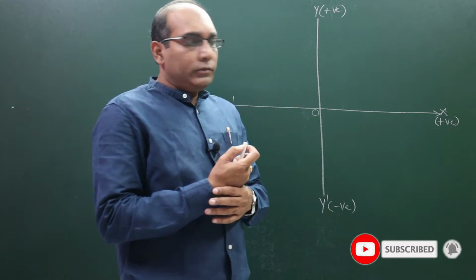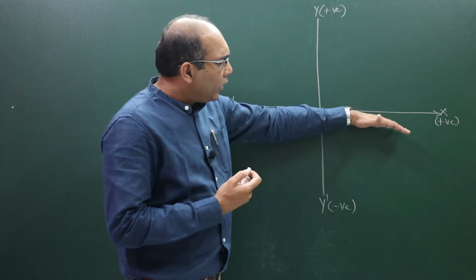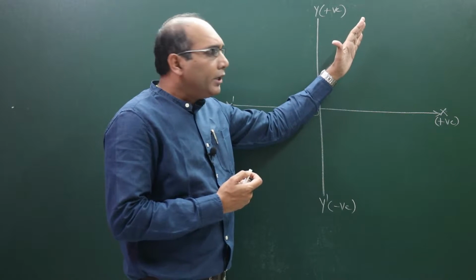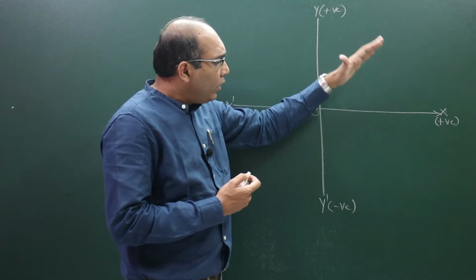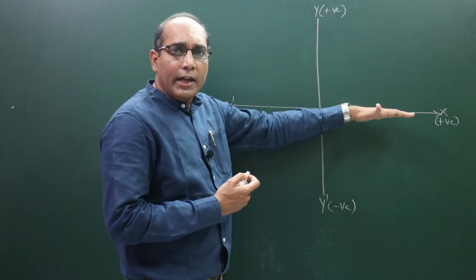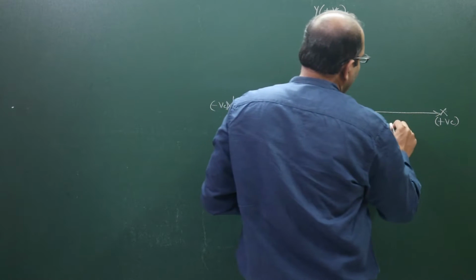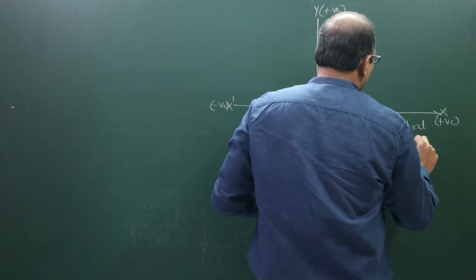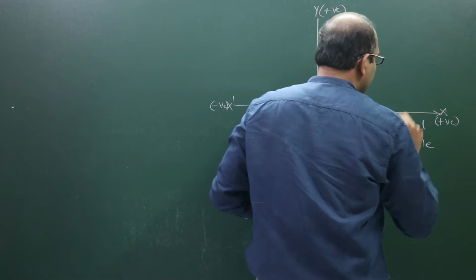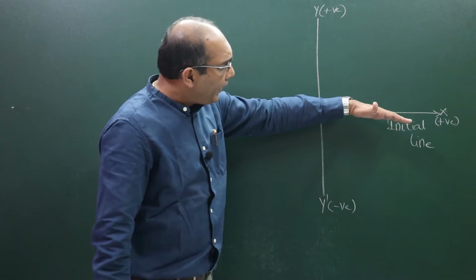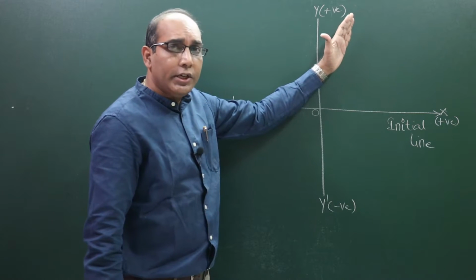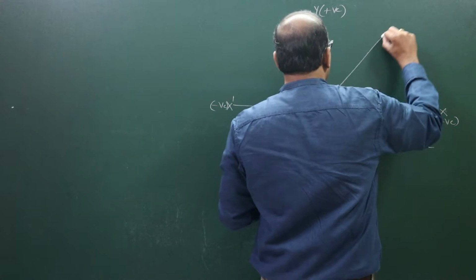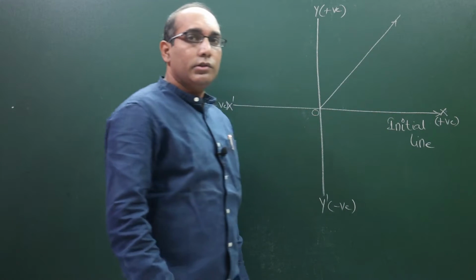How to form that? Now OX is rotating in anti-clockwise sense and reaches up to here in first quadrant. Let OX be my initial ray or initial line. If OX is rotated something like this in anti-clockwise sense about a fixed point O, something like this.